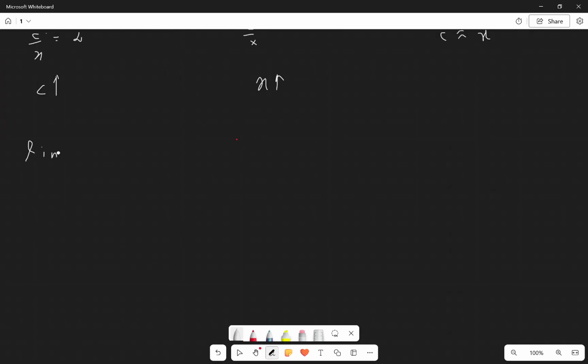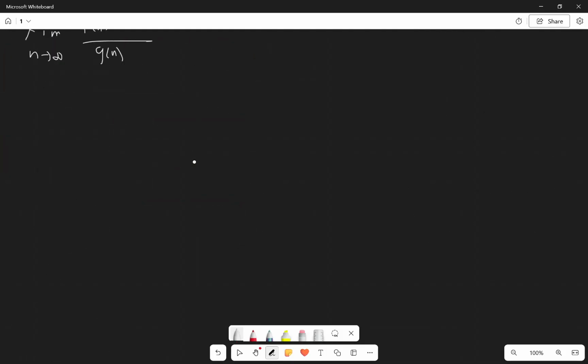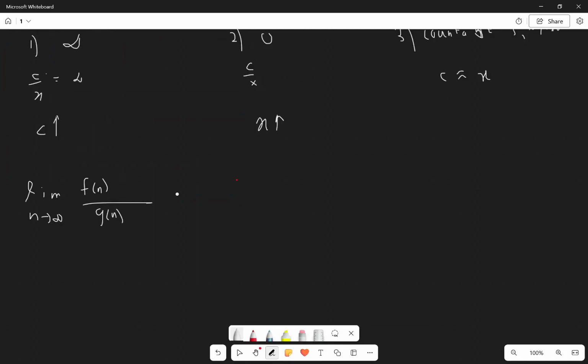So what that means is, if the limit as n goes to infinity of fn divided by gn, I mentioned, this can be written like this as well. If this value is infinity, that means the value of fn at infinity is a lot bigger than gn.